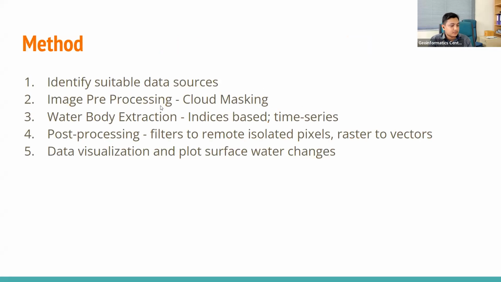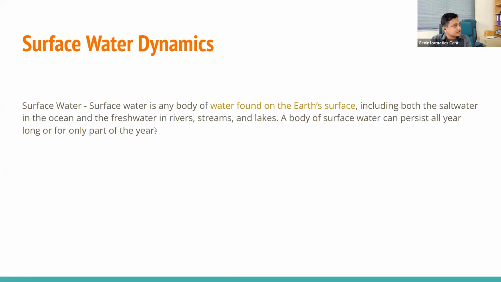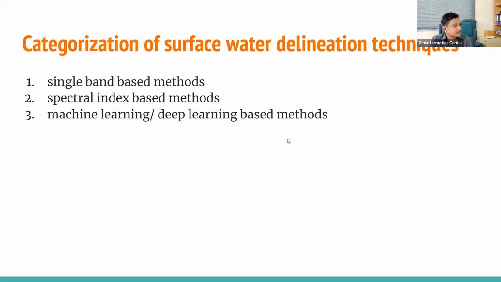This is also getting more and more research nowadays, but for today we will not go through this because we have to prepare a training data set and train the model, which will take a long time. But in tomorrow's session, you will learn some machine learning based methods for land use classification, and in that session, I think you will be able to replicate that process for water delineation also.